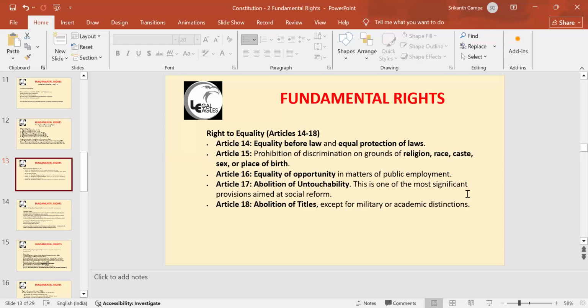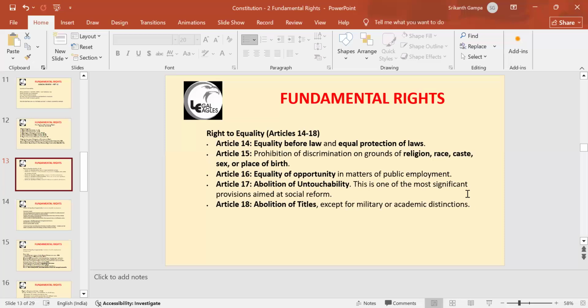Law protects equally. It is not that you have more fundamental rights because you are rich and somebody has fewer because he is poor. No, the protection is equal for everyone. Law is equal. There is no discrimination in the eyes of law. When you come to the court, punishment will be similar. Rich people will not get less punishment, poor people will not get more punishment, and the rich people will not go scot free.